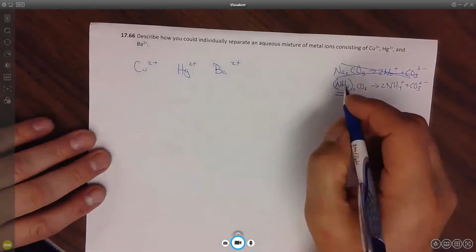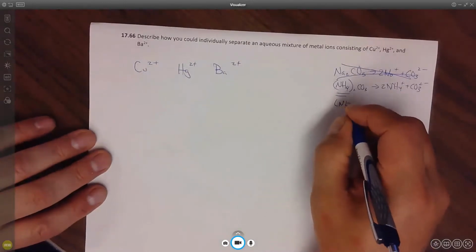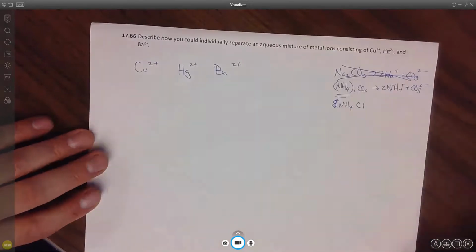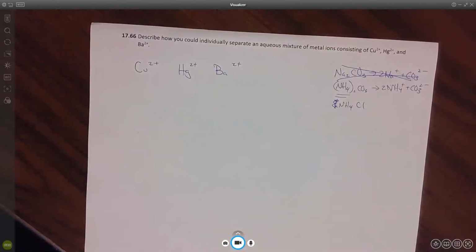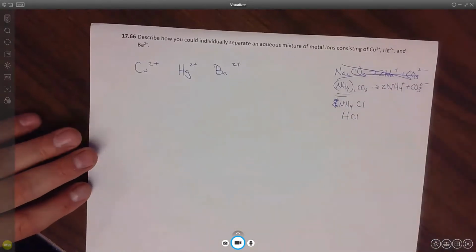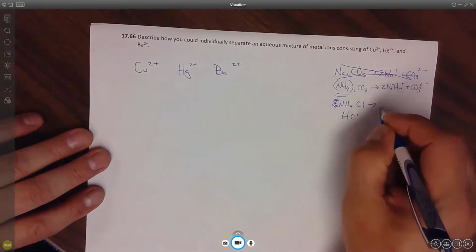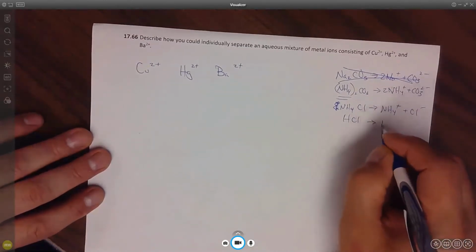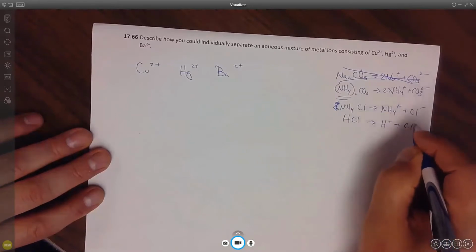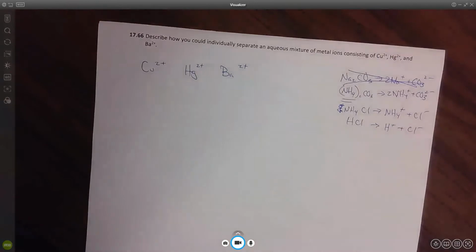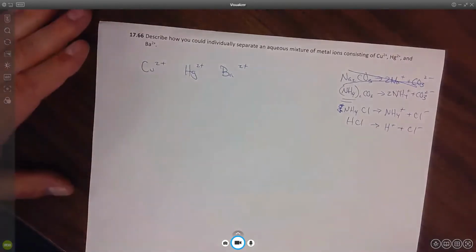Yeah, you could throw in ammonium chloride, NH4Cl, that's cheap. You could throw in hydrochloric acid, that's cheap. Both of these are strong electrolytes and would dissociate into the ammonium ion and the chloride ion, or in this case the hydrogen and the chloride ion. So generally we'll throw in HCl. We almost always have that on hand in the lab.